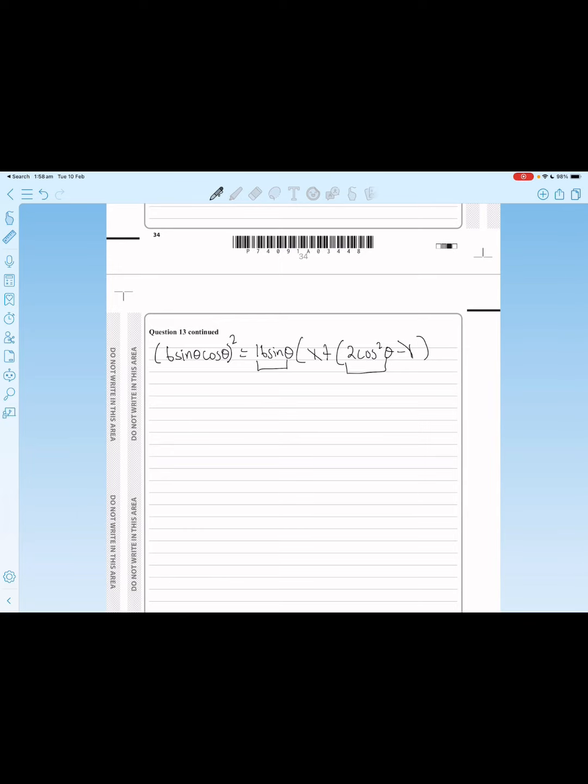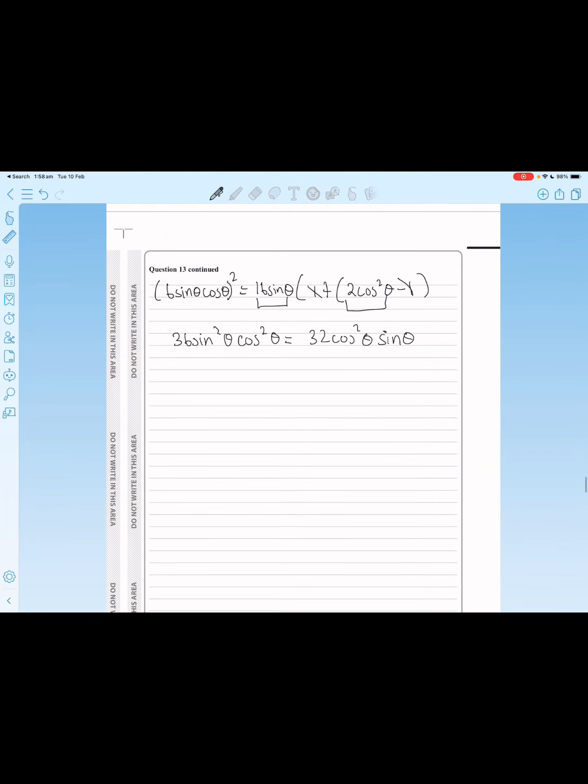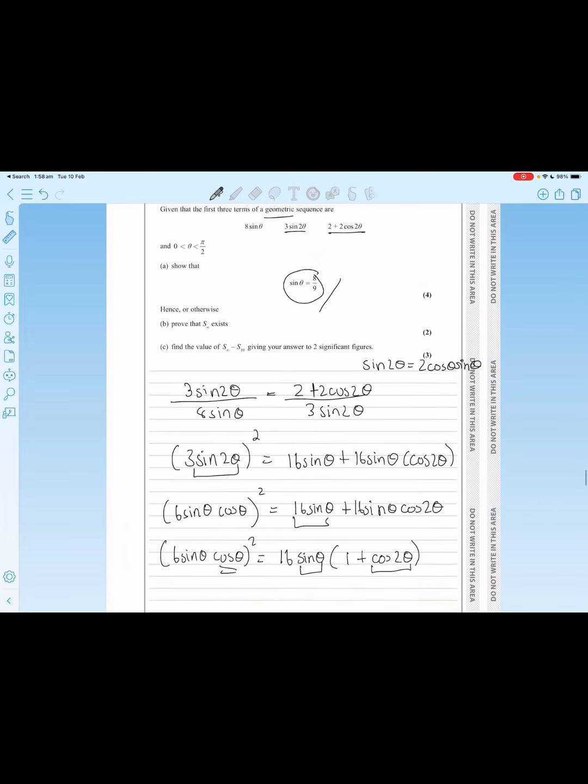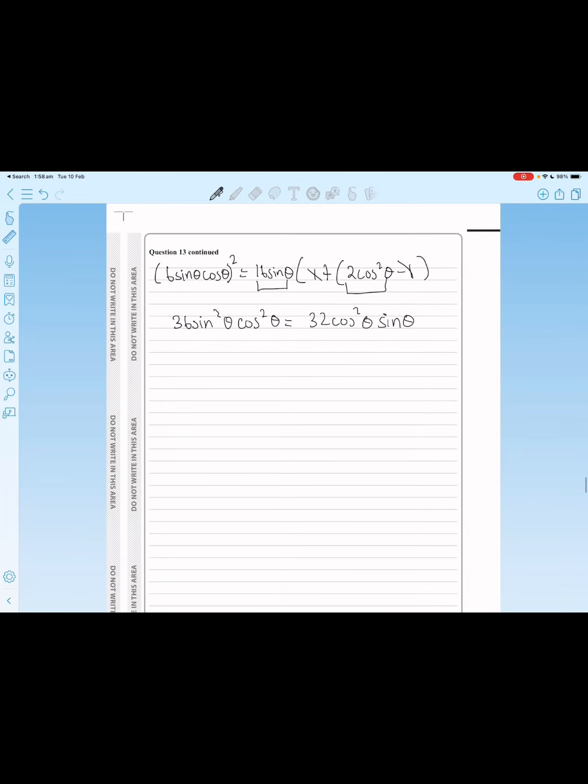Now let's fully expand. We'll get 36 sine squared theta cos squared theta is equals to 32 cos squared theta sine theta. Okay, so therefore, because we are trying to evaluate for sine, what am I trying to show? I'm trying to show that sine theta is equals to 8 over 9. So I'm going to cross out the cos squared thetas.